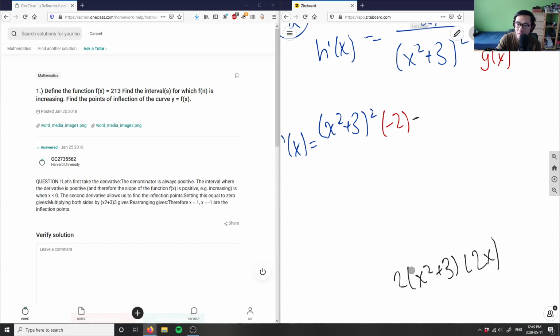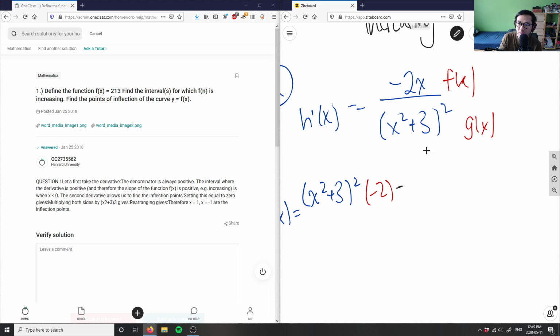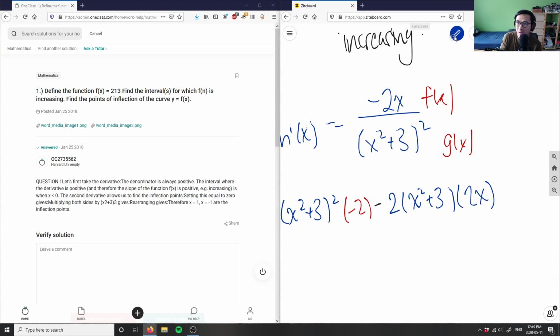Let me erase this guy. So I'm taking the derivative here. Again, I have 2 times x squared plus 3, and the derivative of the inside would be 2x here. And then I'm multiplying it by f of x here, which is simply negative 2x.